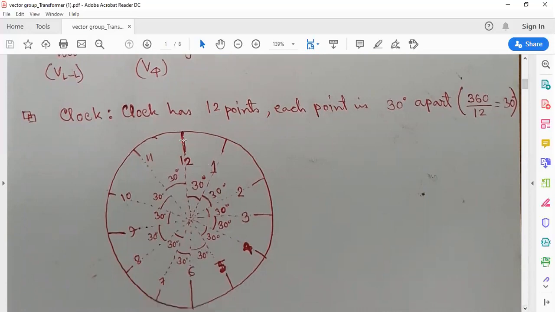From 12 to 12 we cover a circle, so it is 360 degrees. If we divide 360 degrees by 12 portions, we get 30 degrees. So from 12 to 1 there is a 30-degree difference. From 1 to 2 there is a 30-degree difference. From 2 to 3, there is a 30-degree difference.